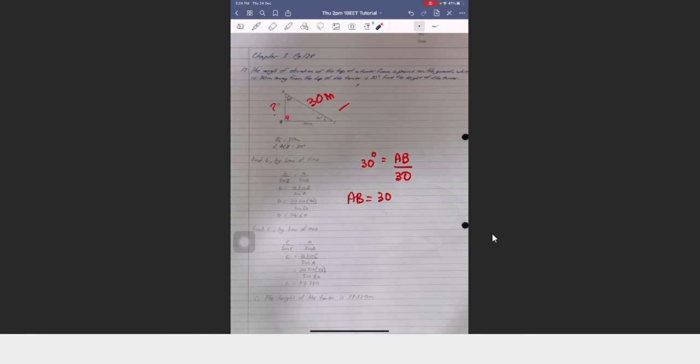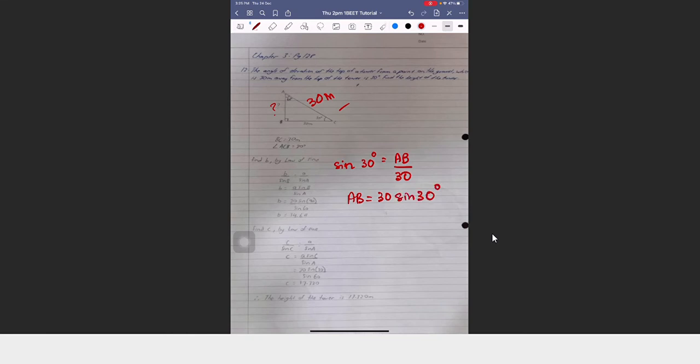This is what you want to find. So sine 30 is this height over the hypotenuse. So sine 30 degrees equals AB over 30 meters. Then AB is 30 sine 30 degrees.